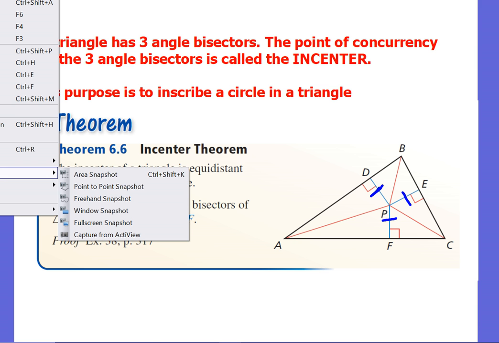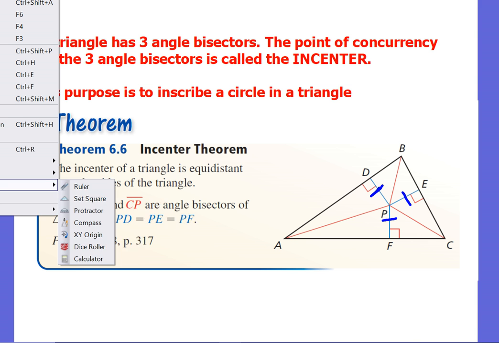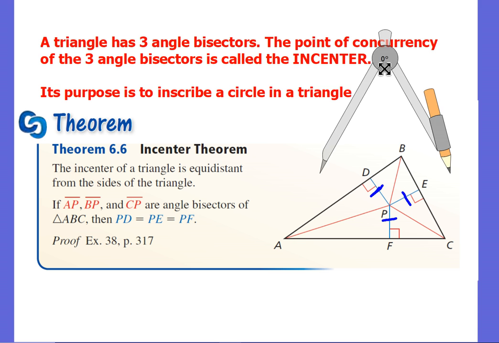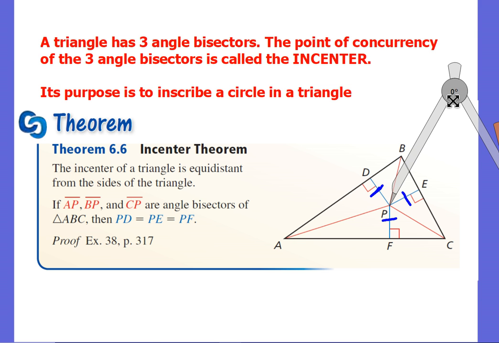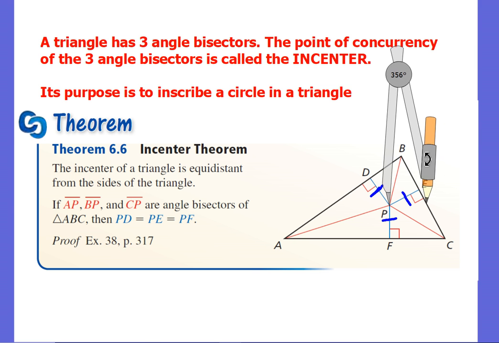And the purpose of creating an incenter and finding out where it is, is to find out where the inscribed circle will be on a given triangle. So let's take the compass out real quick and construct an inscribed circle.